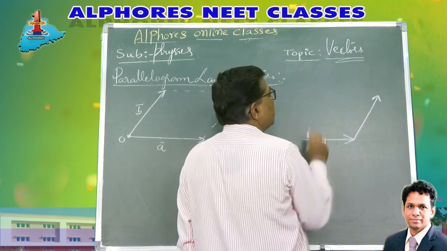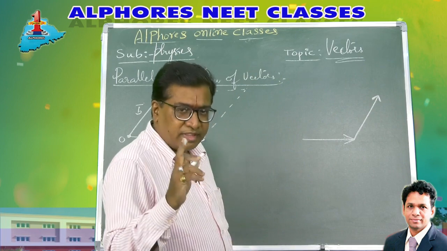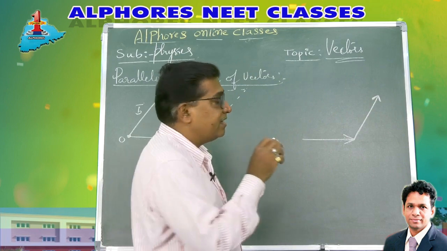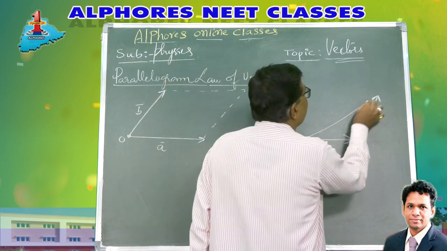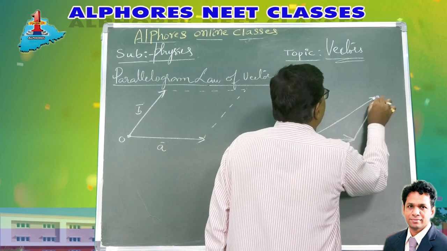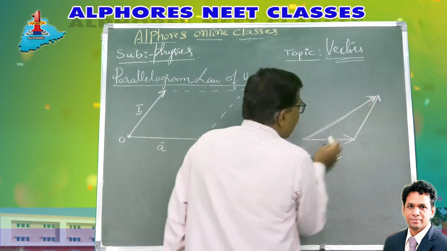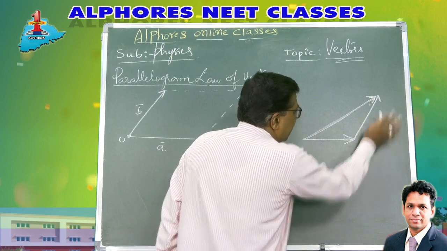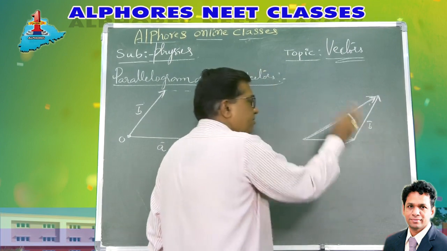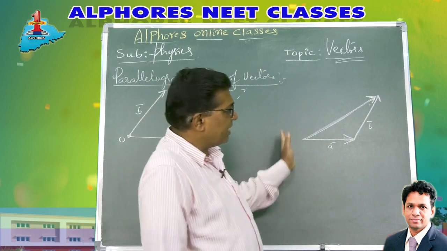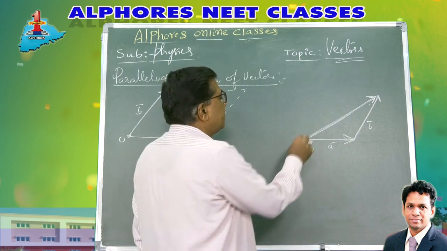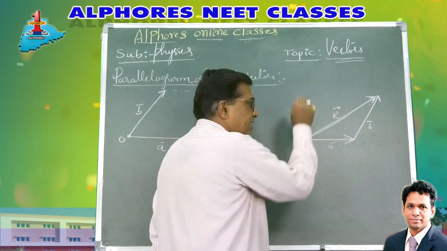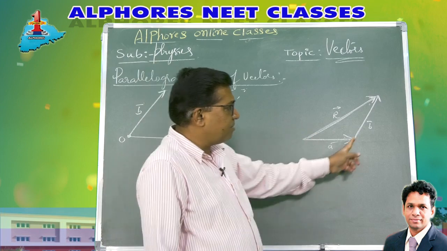They are represented by two sides taken in order. Then the third side of the triangle taken in the reverse order, the opposite way. For these two vectors I am taking A bar, B bar in order. The third side taken in the reverse order represents the resultant vector R bar. So R bar is A bar plus B bar.